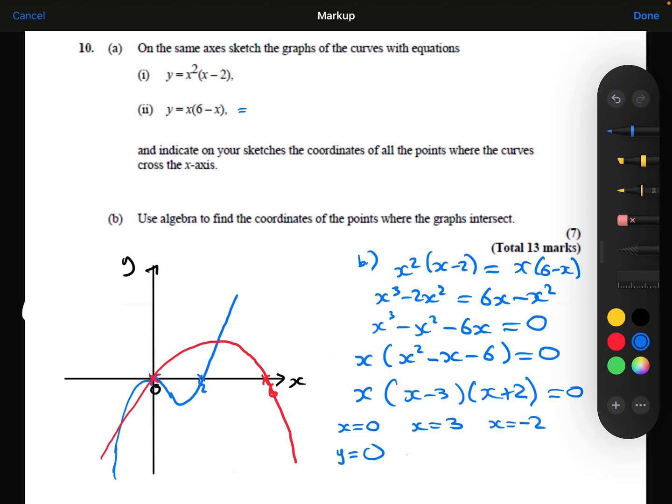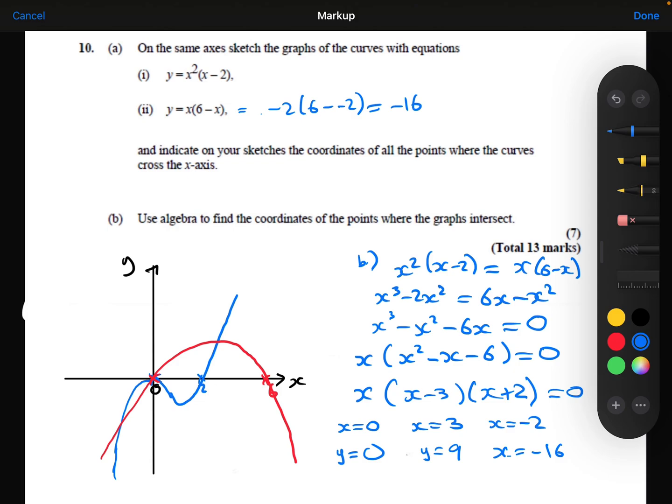Substituting 3 in, I get 3 times 6 minus 3, which is 9. And then finally substituting the minus 2 in, we'll get minus 2 times 6 minus minus 2, which is minus 16.